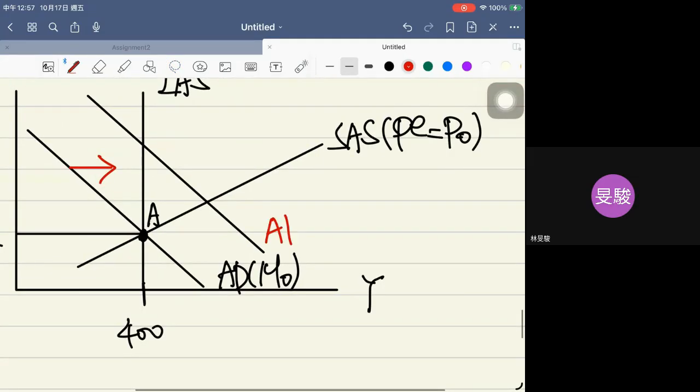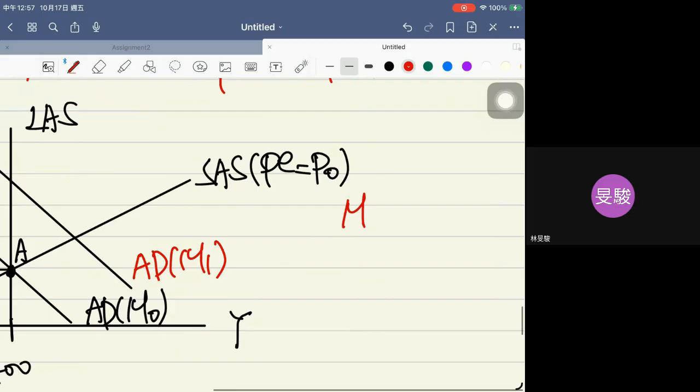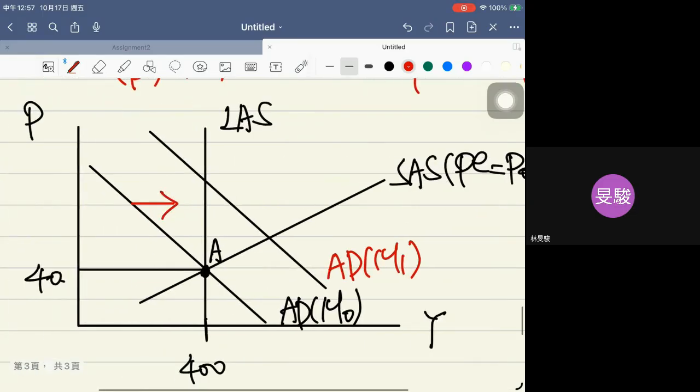We denote it as AD of M1, because the money supply changes from M0 to M1. So the AD line shifts to the right.